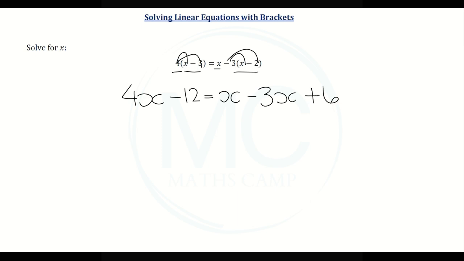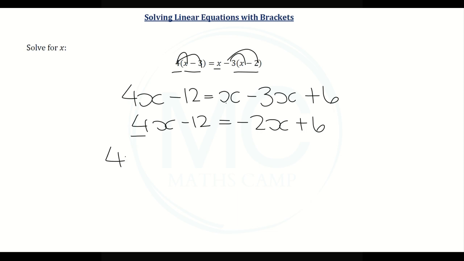Now we can add like terms. On the left-hand side, we have 4x minus 12 is equal to x minus 3x is negative 2x plus 6. The next step is we need to put our x terms on one side of the equation. 4 is the higher coefficient, so we're going to put our x terms on the left.